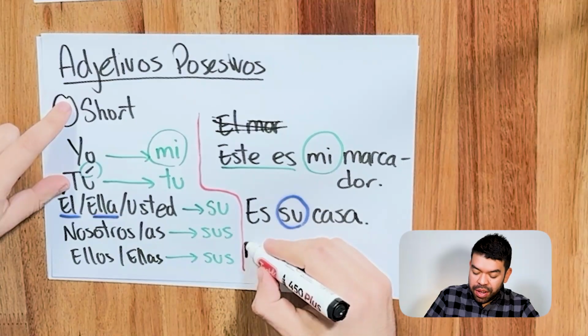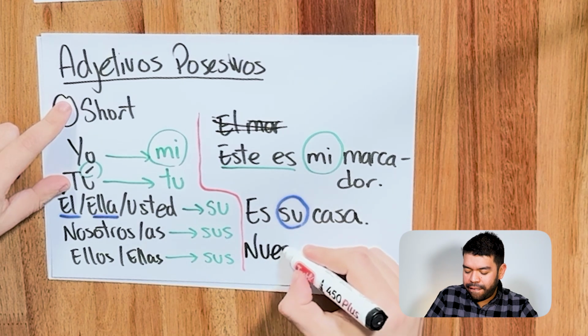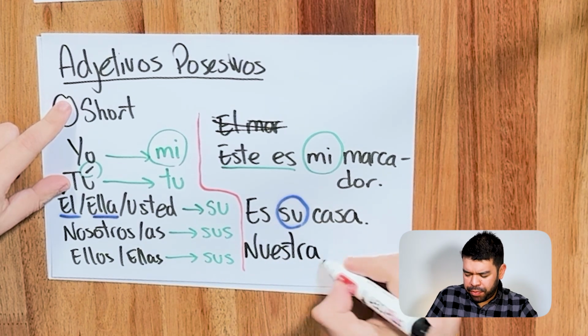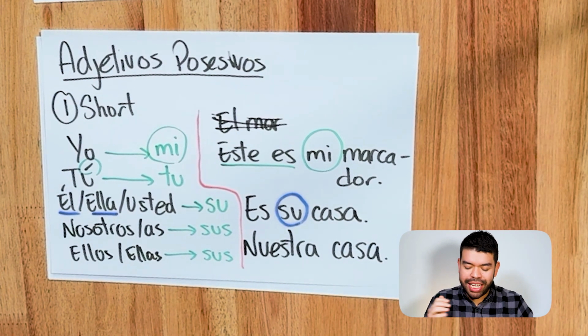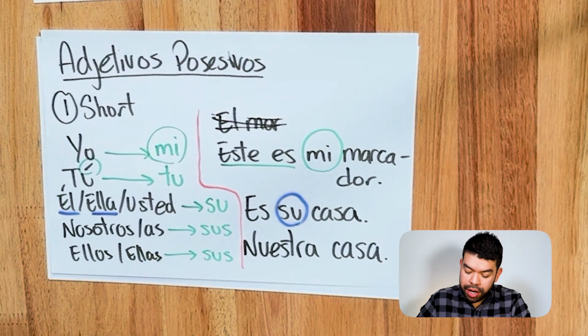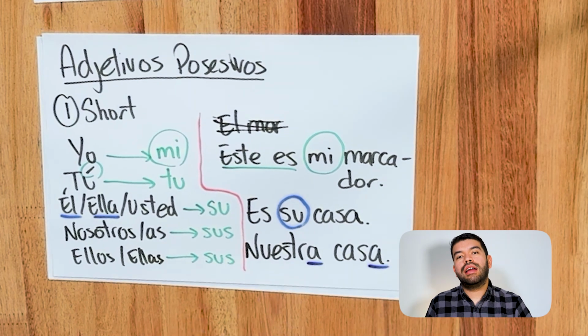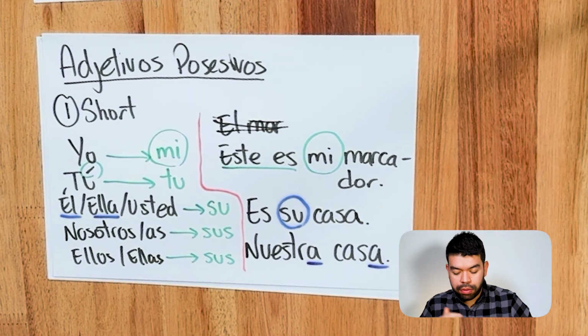Very good. But what if we are married, right? Like you and I. It's not your house or my house, it's our house, es nuestra casa. And look how it matches in gender and number. Nuestra casa. The casa is a feminine noun.